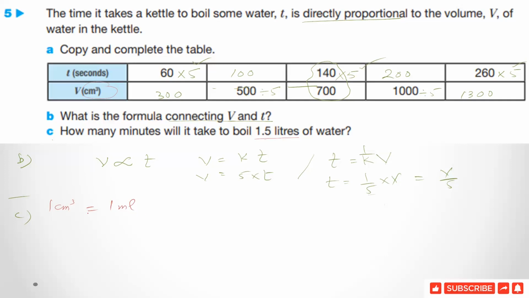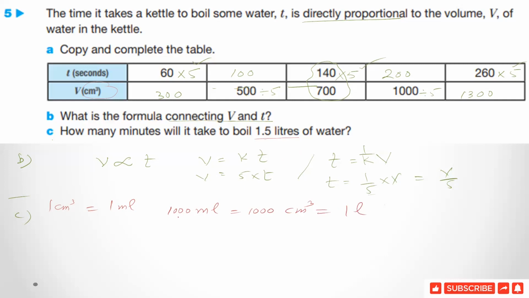So we have 1.5 liters, and we must know how many milliliters are there in 1 liter. 1000 milliliters, or 1000 centimeter cubes, are there in 1 liter.